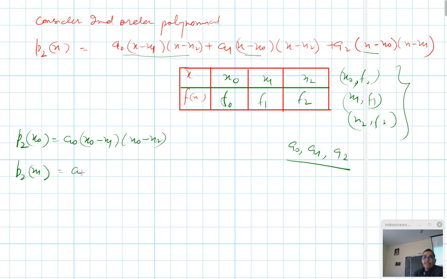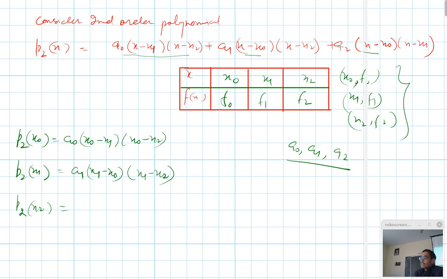So it is a1 times x1 minus x0 and x1 minus x2. And P2 of x2: this will be 0, this will be 0 and this will be non-zero.